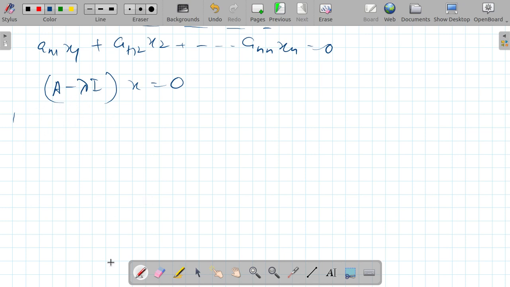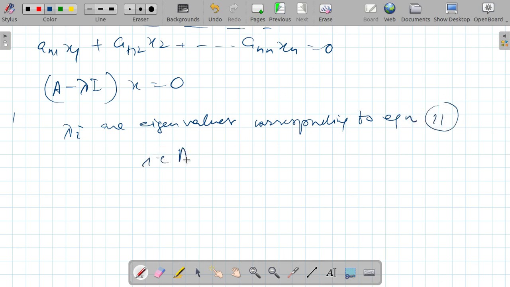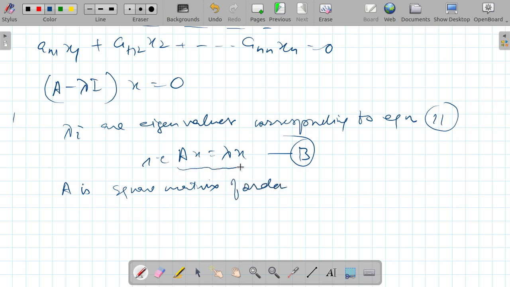If you solve this determinant, so that means if lambda i's are eigenvalues corresponding to equation number 1, that is AX is equal to lambda X, then also A is a square matrix of order n.